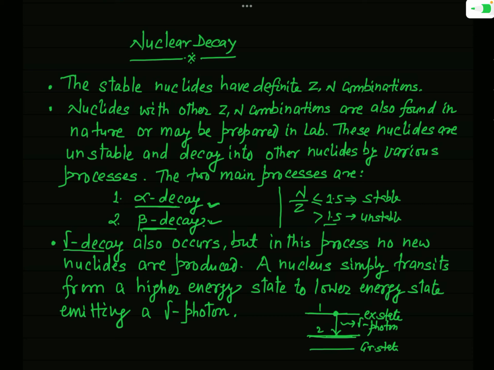So in this first lecture on the nuclear decay process, I am going to start with the alpha decay process. In this first lecture, we will see only the elementary concept of alpha decay.